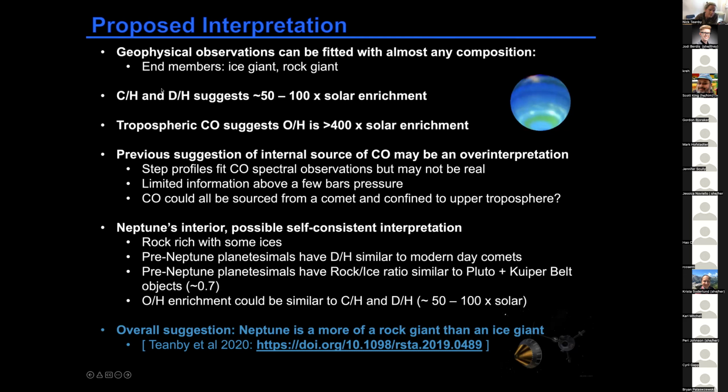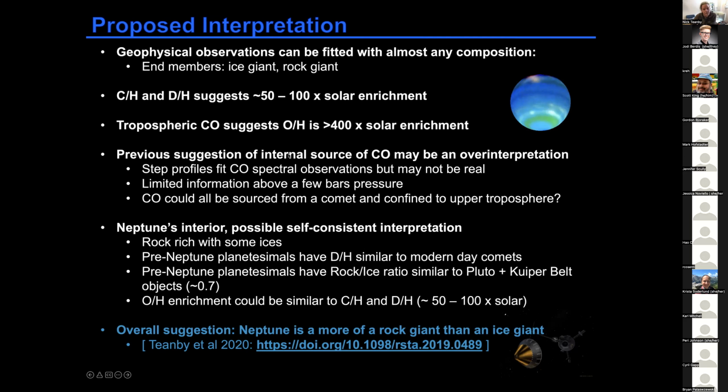The carbon and deuterium enrichment suggest about 50 to 100 times solar enrichment, whereas if there is any tropospheric CO, that suggests OH enrichment about 400 times solar, which is not really consistent. So to explain this CO is a bit problematic.